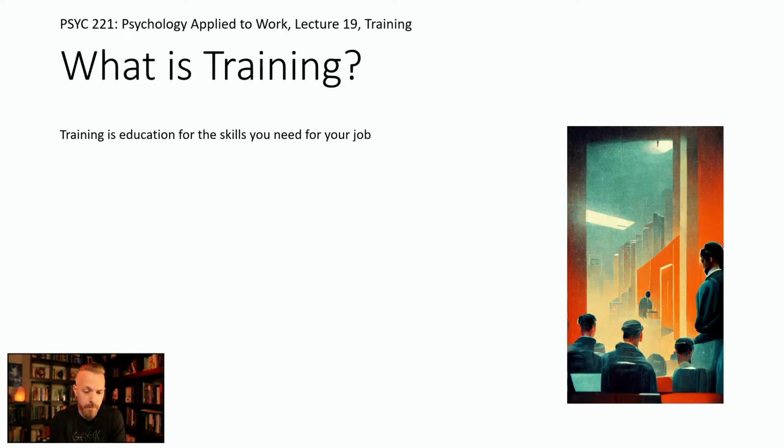But it also could be the knowledge, and it could be the skills. It's a little less likely to be abilities, a little less likely to be the other characteristics of KSAOs, but it's basically things that an employee or a worker needs to be able to do their job and do it well, that an organization, for many reasons, has decided that it needs to take on the responsibility to teach, or to pay for other parties to teach.